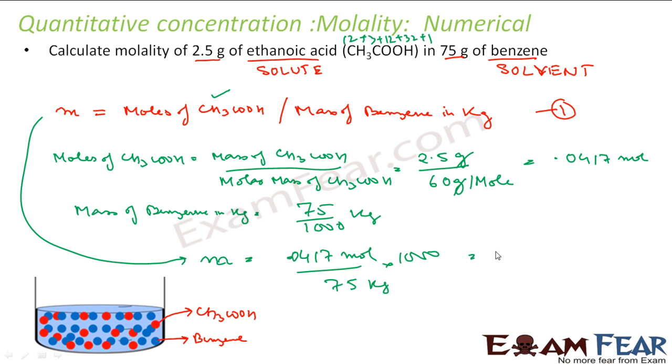To solve this, you get 0.556 moles per kg, or you can also say 0.556 small m, and that is my answer. Pretty easy, right? You don't have to find the whole mass or the volume of the solution. You just have to find the mass of benzene, that is my solvent.